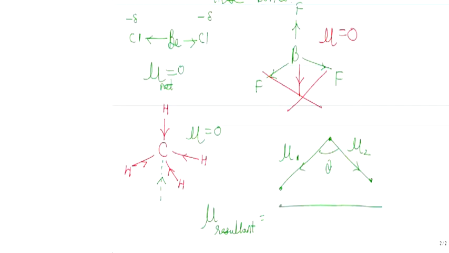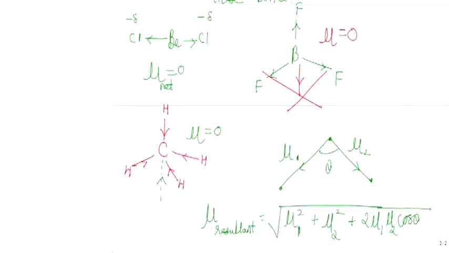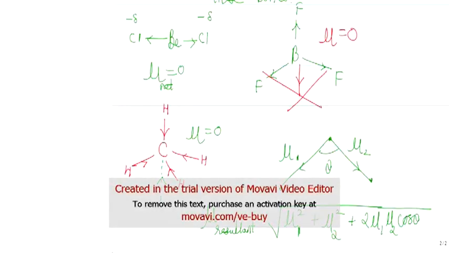So the resultant would be, under root mu1 square plus mu2 square plus 2 mu1 mu2 cos theta. Here it is very clear that if the value of theta decreases, the resultant dipole moment would increase, right? And if theta increases, the resultant dipole moment would decrease.